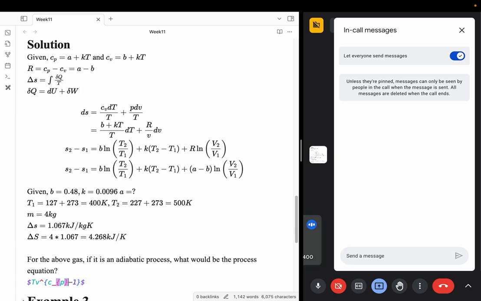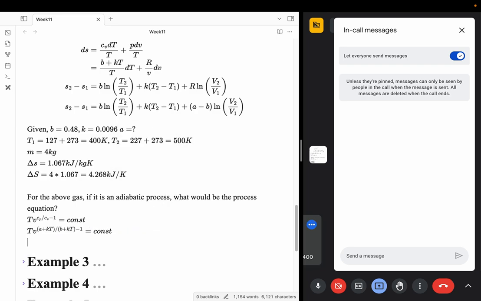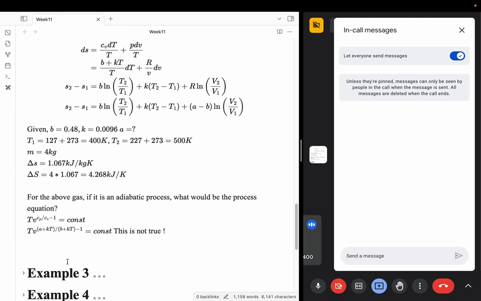So can I substitute this and say TV to the power Cp by Cv, with Cp and Cv being A plus KT and B plus KT? Obviously, this is not true, right? So can you derive this relation for this particular gas?